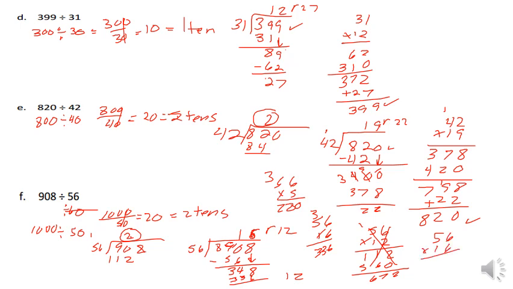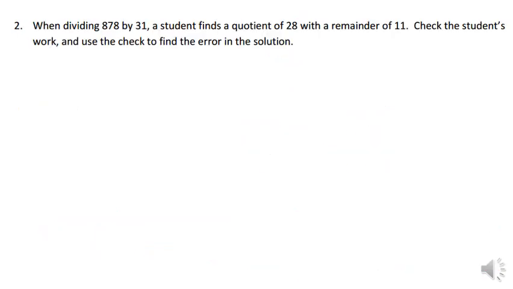We have 16 times 56. 6 times 6 is 36. 6 times 5 is 30, and 3 is 33. Add our placeholder. 1 times 6 is 6. 1 times 5 is 5. And we end up with 896. We have 896, and we're going to add in our 12, which is 908, exactly what we started with.